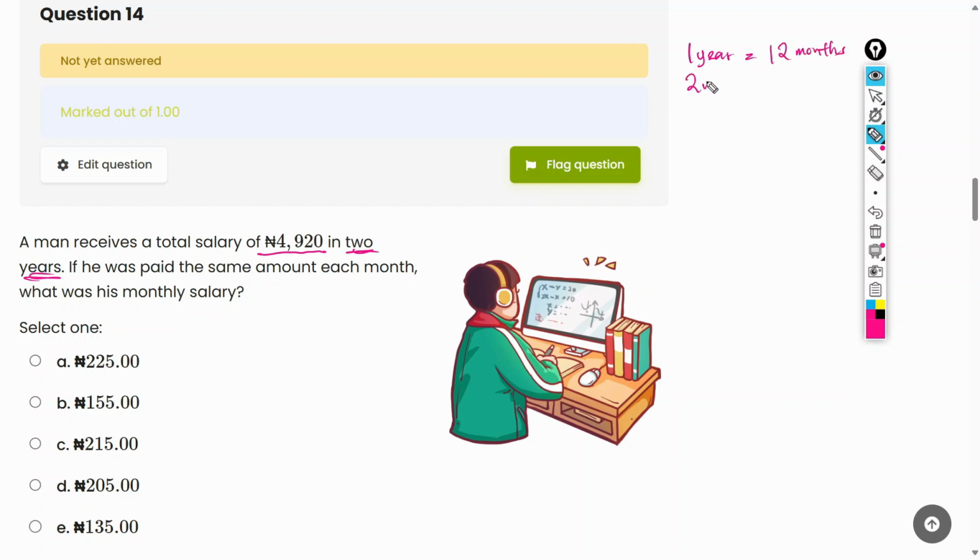So in 2 years we should multiply 12 by 2. 12 times 2 is 24. So we have 24 months. So according to the question, he's paid an equal amount 24 times to get this. So let us look for how many 24s we can find in here that will tell us how much he was paid.